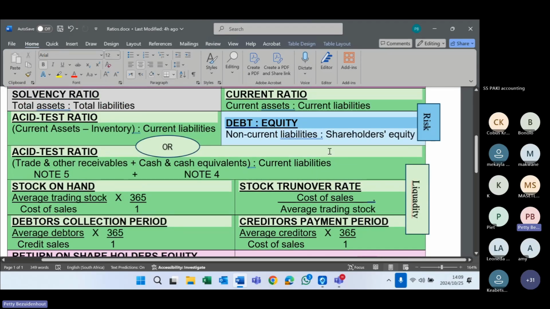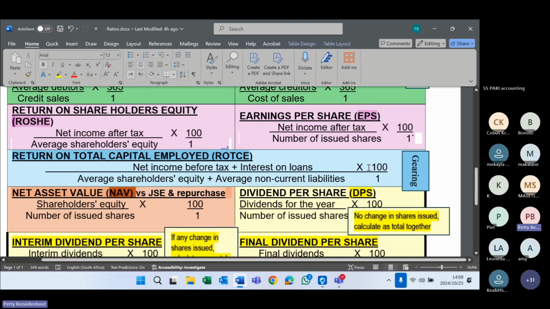So that is the financing activity risk, and the other blue one is the ROCE, the return on capital employed. Now, I've seen in a paper that was written in September, I think it was Mpumalanga, if I remember correctly, they gave the total capital employed. Remember the difference between the ROE and the ROCE is that we're now including the loans.